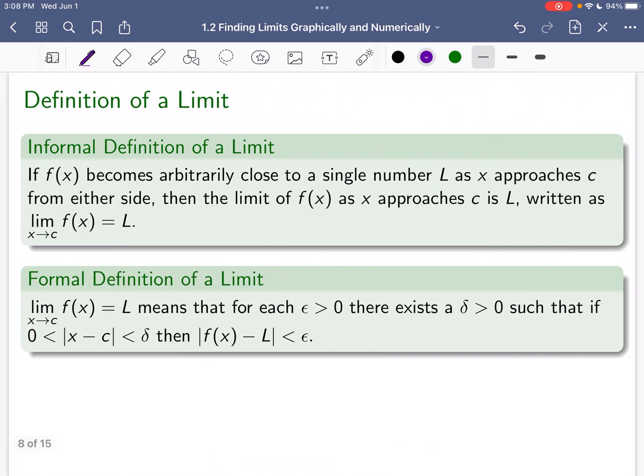And so here is our formal definition of a limit. The limit as x approaches c of f of x equals L means that for each epsilon greater than 0, there is a delta greater than 0. So this is epsilon. This is delta.